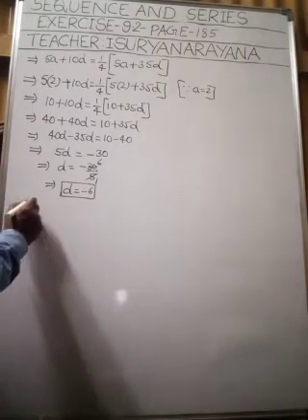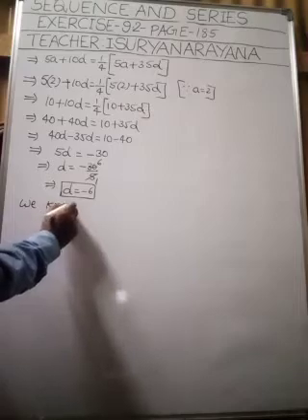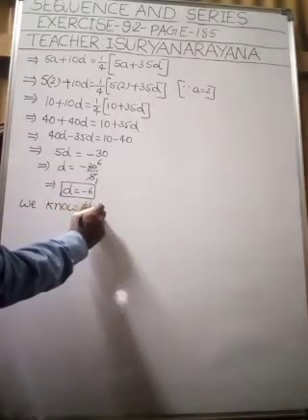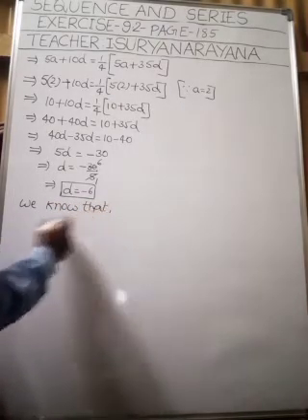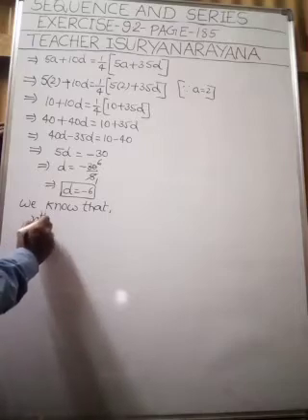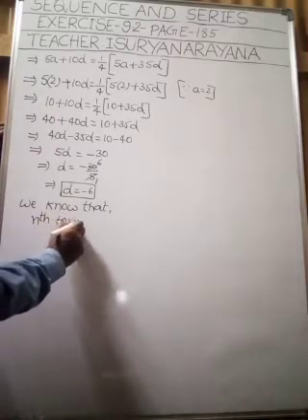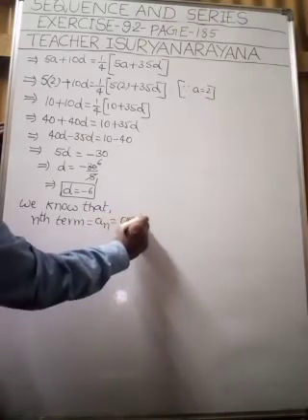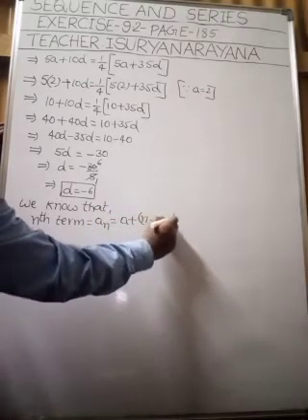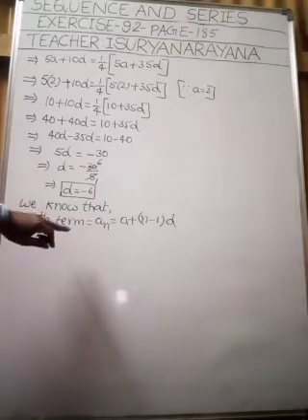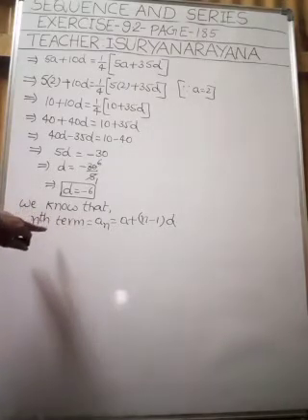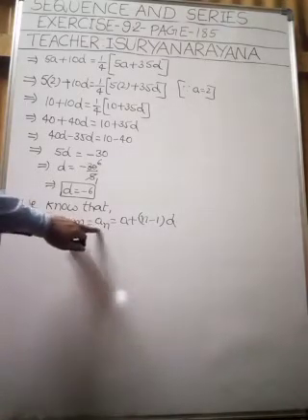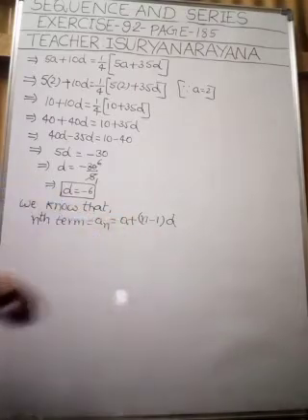We know that nth term, that is an, is equal to a plus n minus 1 into d. Yes or no, my children? In the arithmetic progression, nth term is equal to a plus n minus 1 into d.